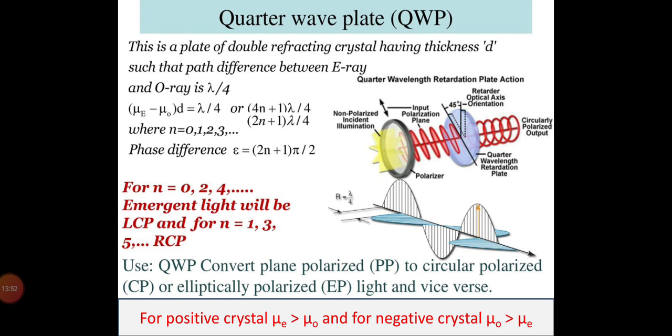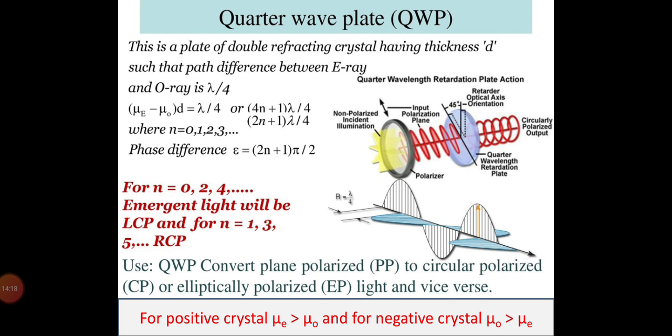So the ordinary component will travel faster in the positive crystal and the extraordinary component will travel faster in the negative crystal. The distance covered by the ordinary component is mu o d, and for the extraordinary component it is mu e d.